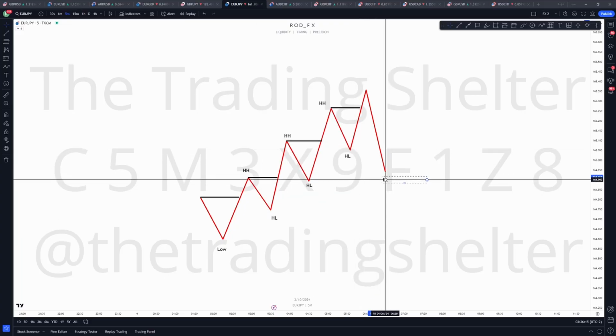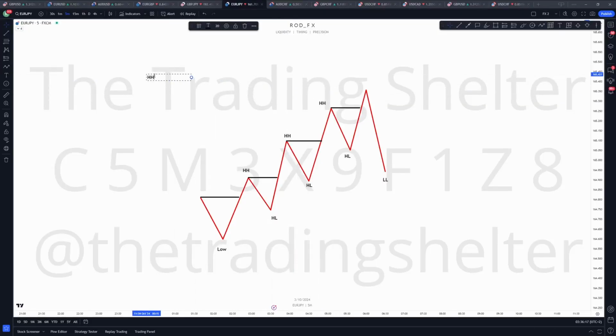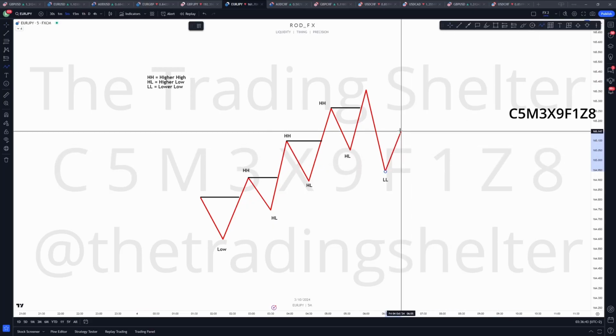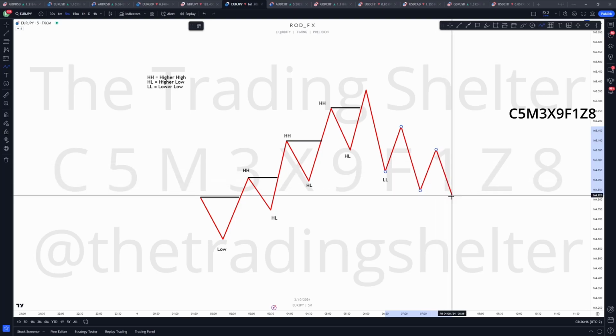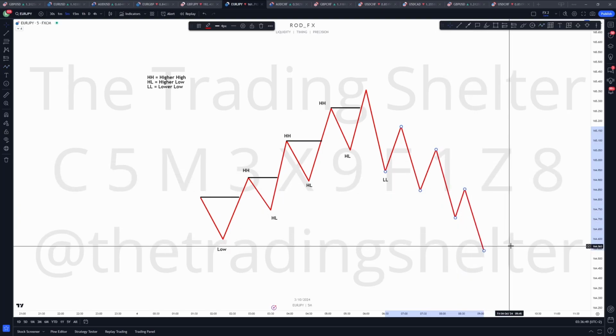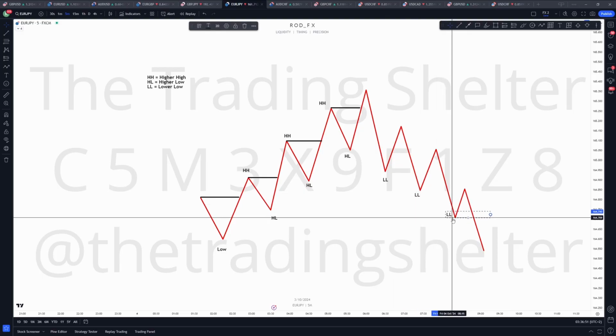So I can put the names here if you want. High, higher high, higher low. And what happens when price now does this, this becomes the opposite.